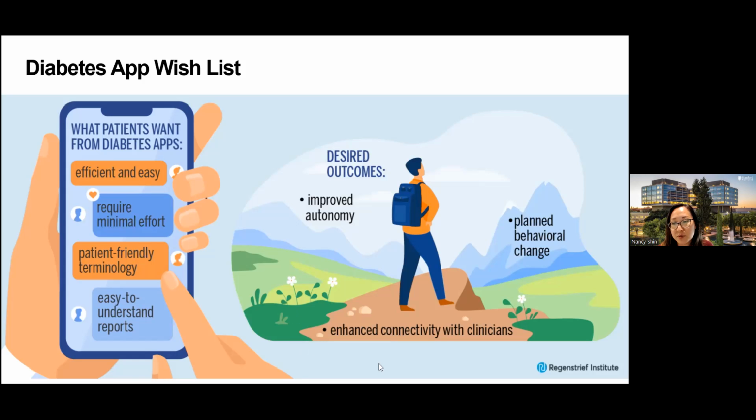We want this to help lead to behavioral changes or planned behavioral changes, thinking about goals or lifestyle choices that may be impacted by what we get through our apps. And then finally, better or enhanced connectivity with our clinicians or care team.